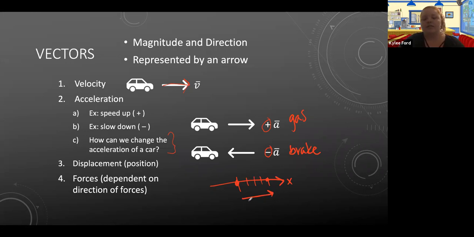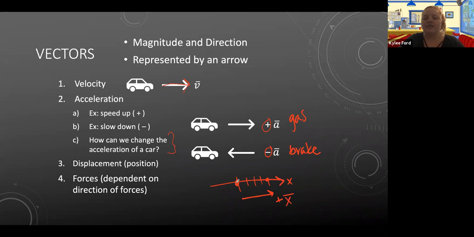So this is also a vector, a displacement vector, and we represent it by x bar, that's what these bars on the top are. That tells you that it's a vector, and this moved in the positive direction, okay.